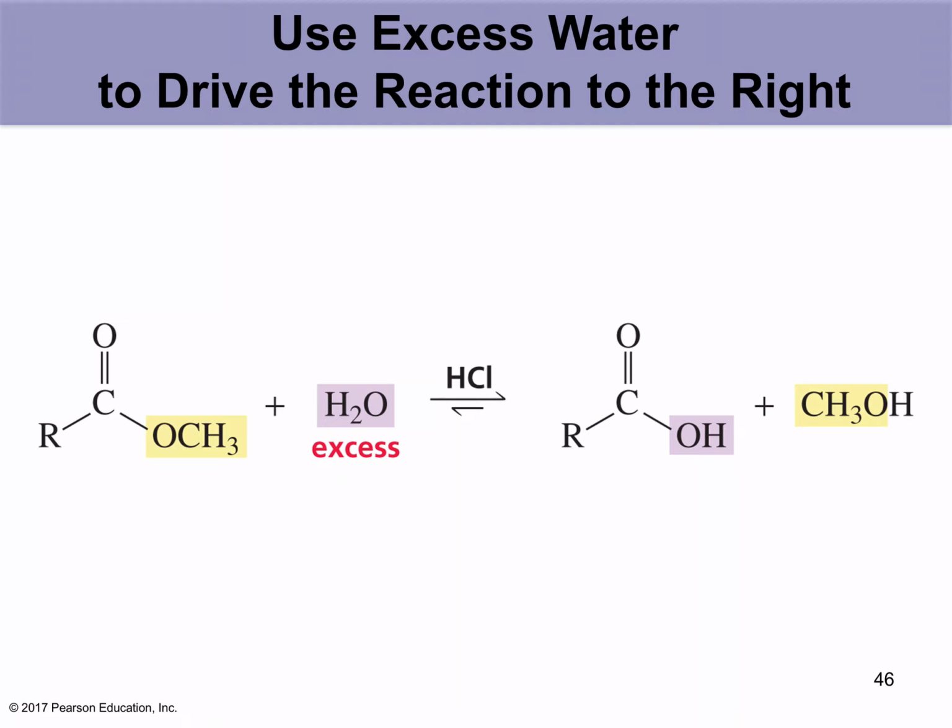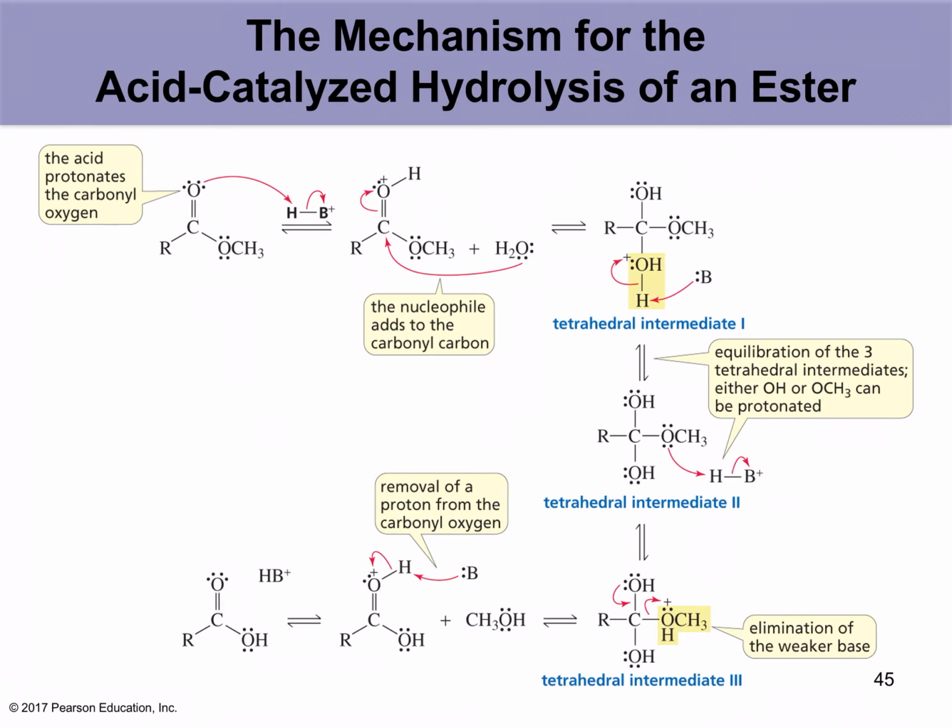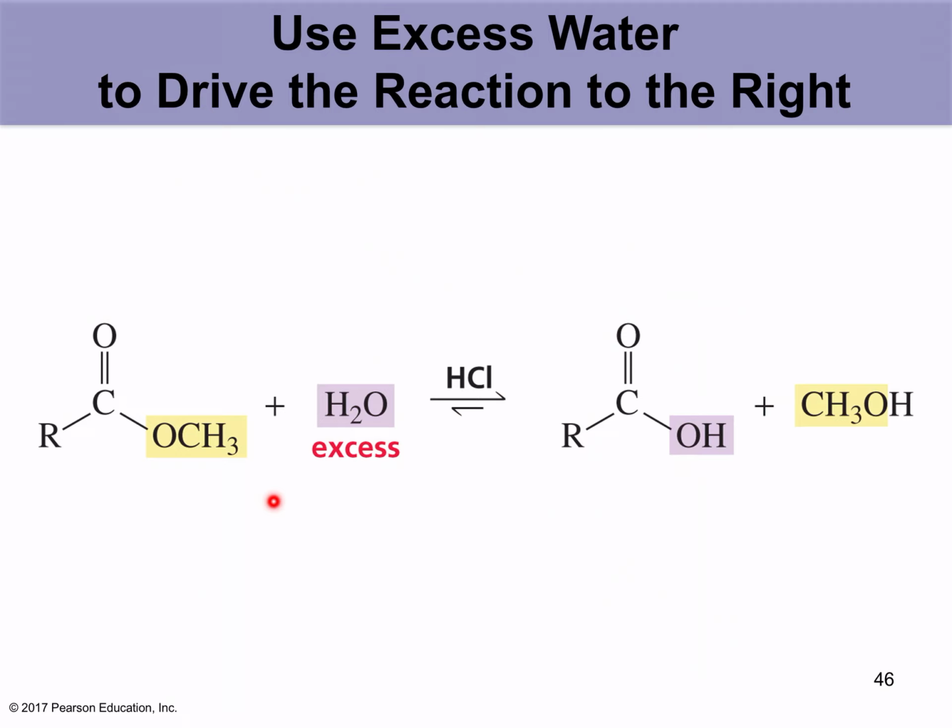Now, what do we do if we want to drive the reaction forward? Use excess water to drive the reaction to the right. If you are doing a hydrolysis, just like this, we put a lot of water. Okay. So this is your ester. You add a lot of water, so we can drive the reaction forward.